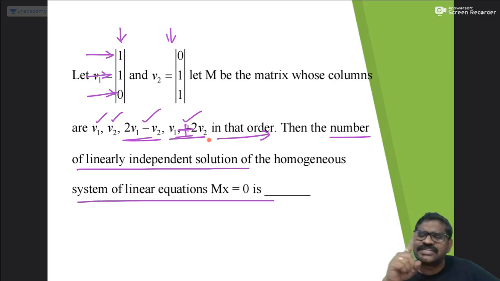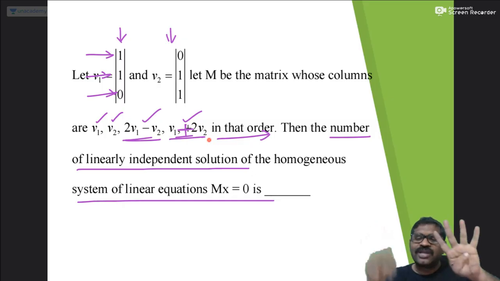Nishant, the answer is not 1. The answer is 2. Why? Because the third and fourth columns are dependent. The first 2 columns are independent. Finally, 2 column vectors are independent and 2 column vectors are dependent.